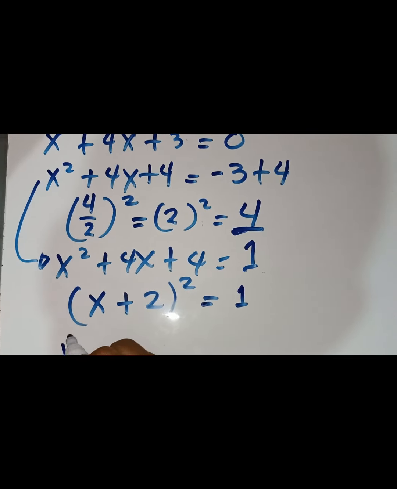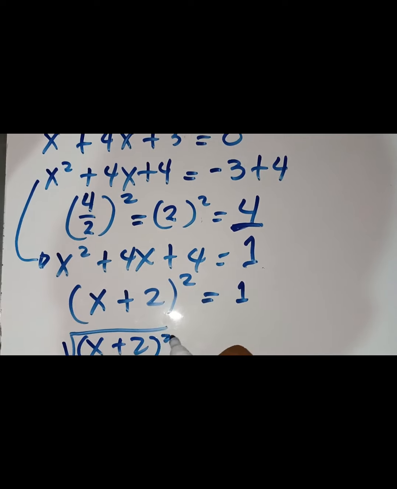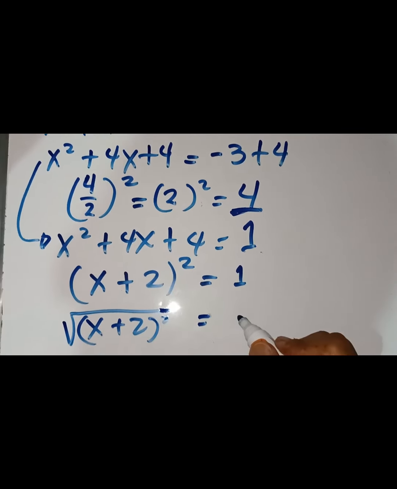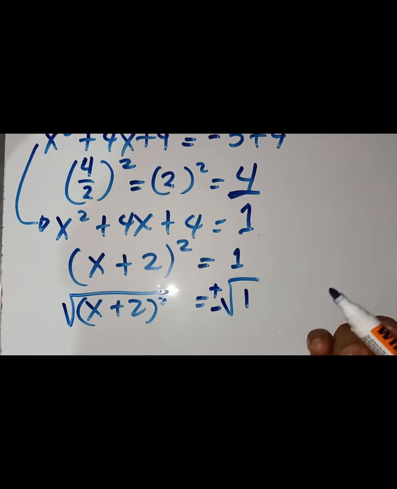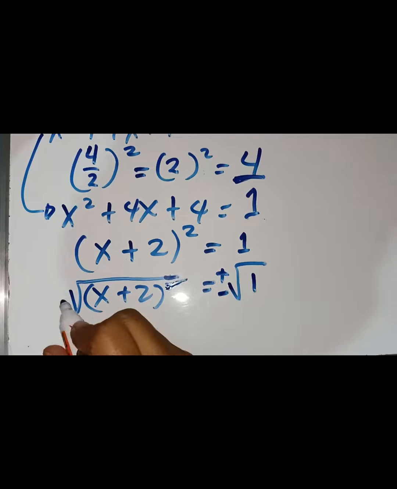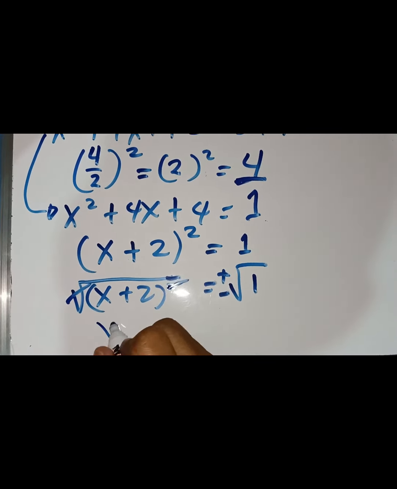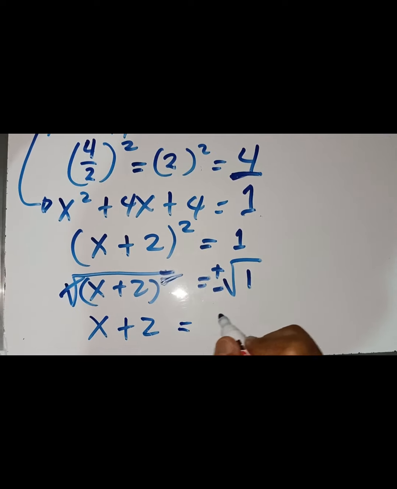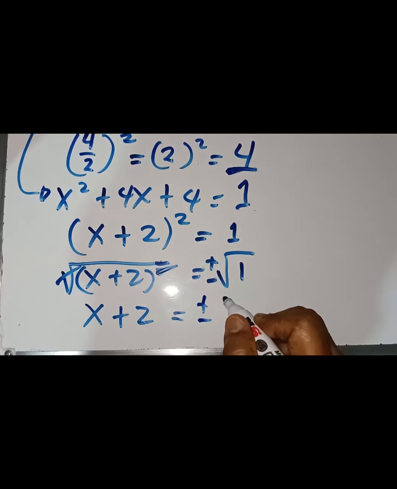So, we take the square root of x plus 2 squared is equal to the square root of 1, the positive and the negative. We can now cancel the exponent and the radical sign. So, we have x plus 2 is equal to positive, negative, square root of 1 is 1.